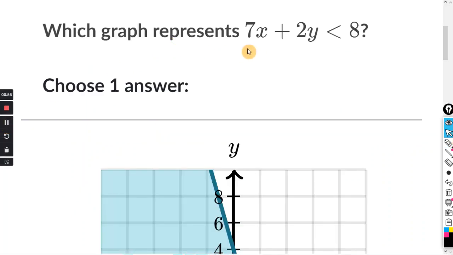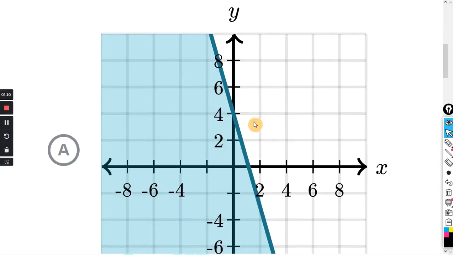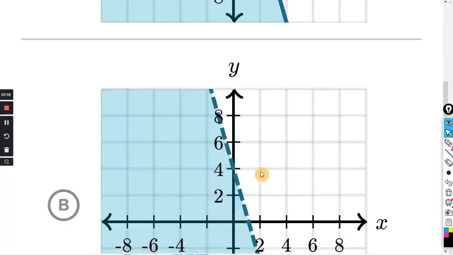All right, it says, which graph represents 7x plus 2y is less than 8? Let's check each line and see if they're all the same in terms of slope and y-intercept. Otherwise, we have to make sure the line is correct. Here the intercepts are at 4 and positive 1, and the line has a negative slope.